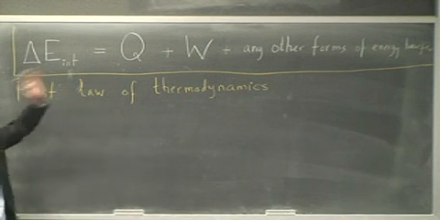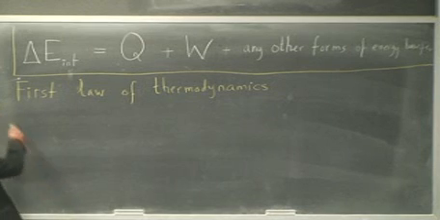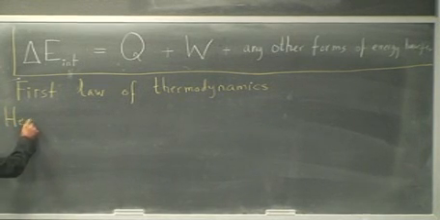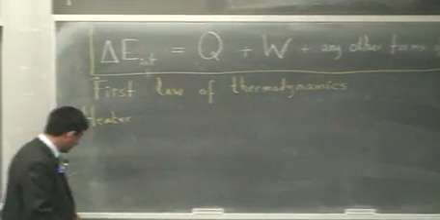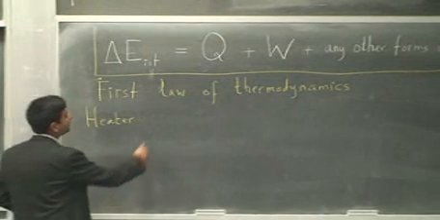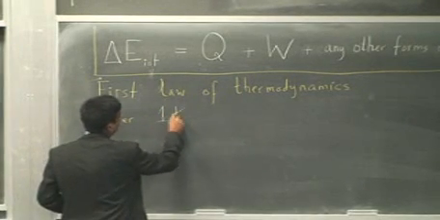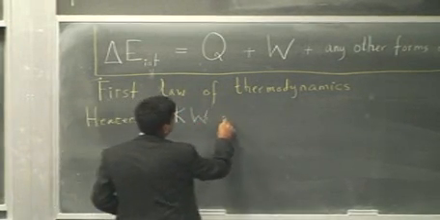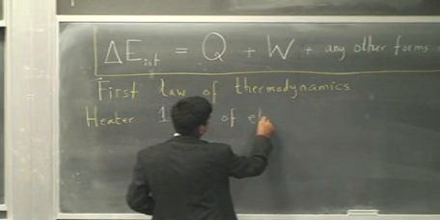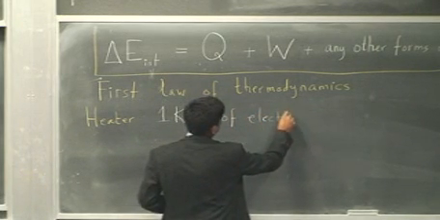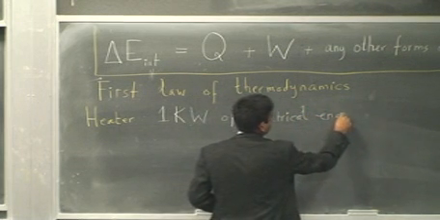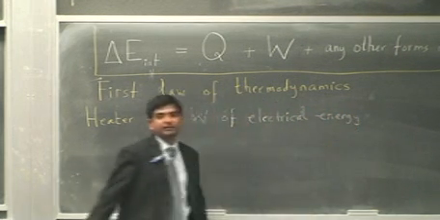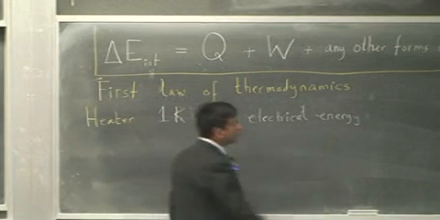Okay, let's talk about an example. Suppose I have a heater, an electric heater that we use in the winters, and suppose it is drawing 1 kilowatt of electrical energy. Now what is a heater?